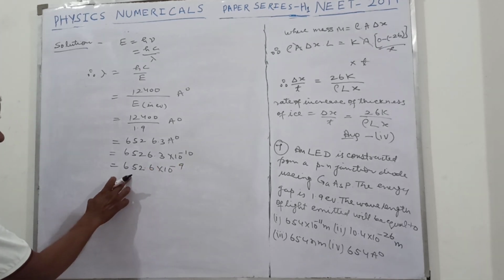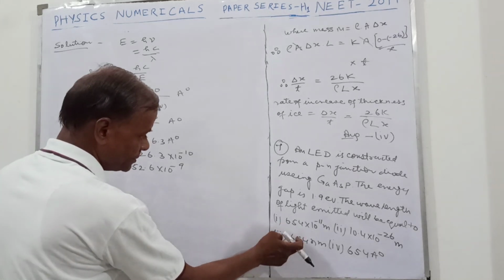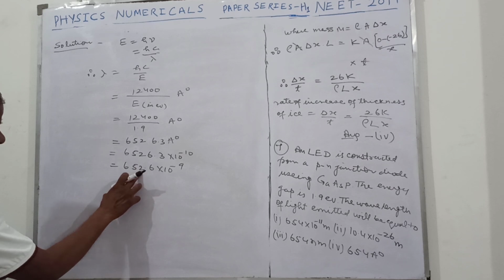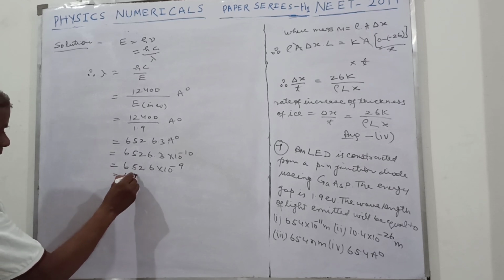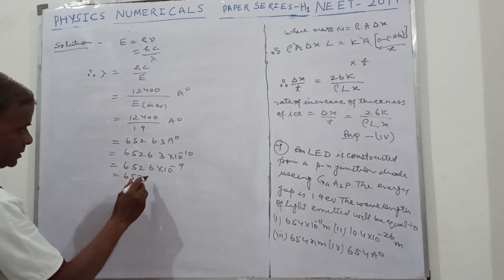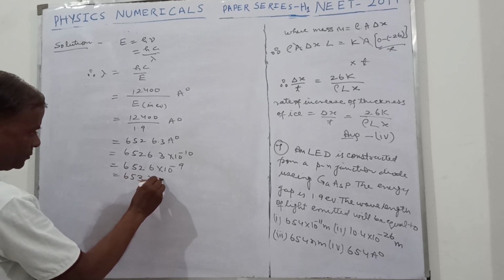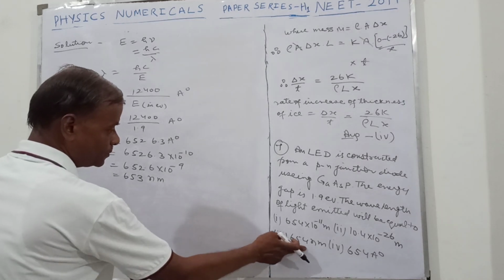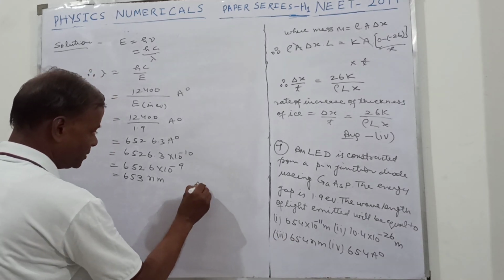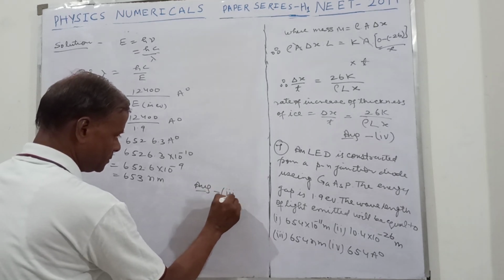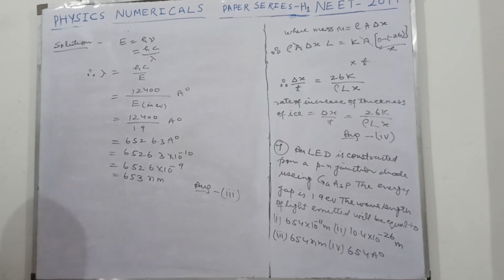If we write down the answer in 3 digits, we have to leave this 6, so we can make it 653 nanometer. This is equivalent to this one, 654. So our answer is third.